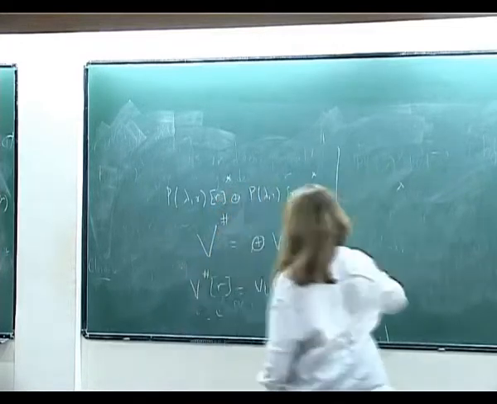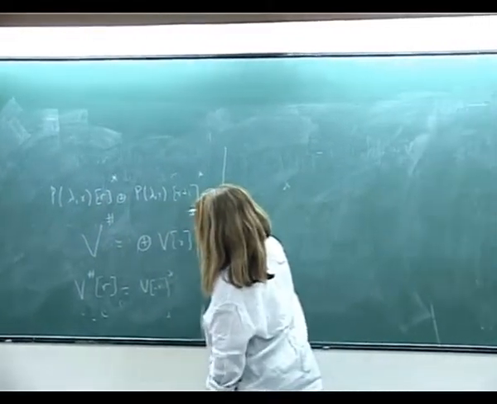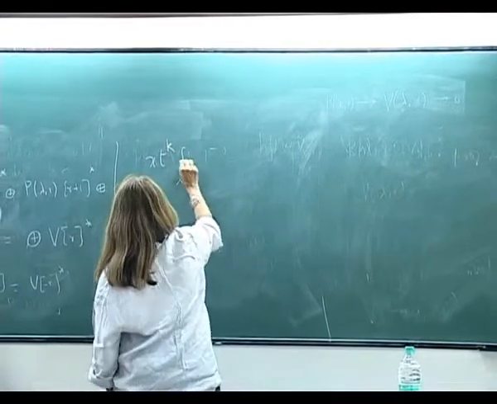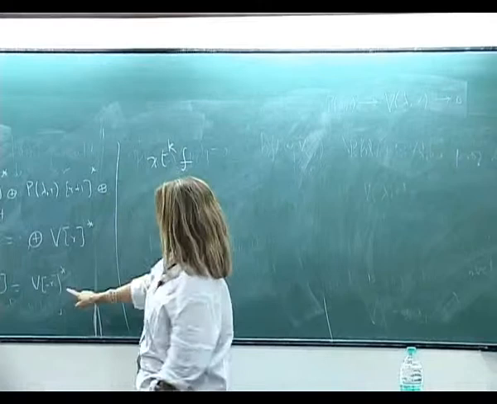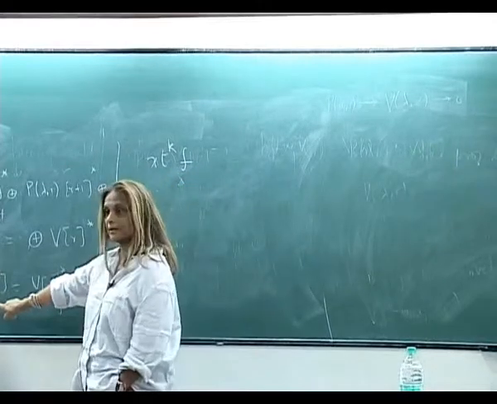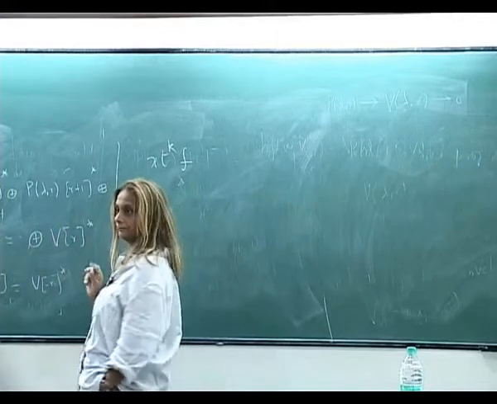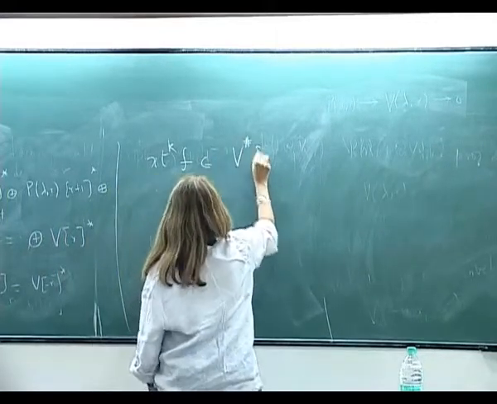So why is that? Okay, so let's take an element in here. Where do I want it to belong? Well, this lives in the rth graded piece of this, so I want this to belong in the r plus kth graded piece, right? So I want this to be in V dual r plus k.